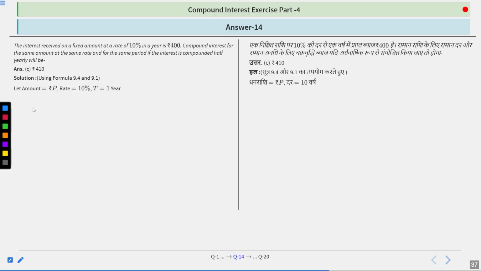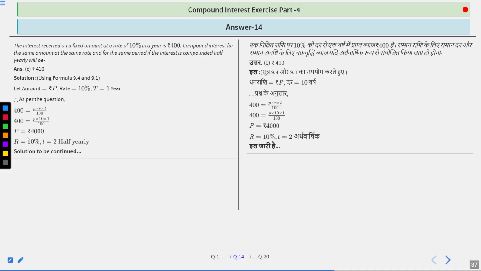So let amount be rupees P, rate was 10%, time was 1 year. Therefore, as per the question, 400 is equal to P into R into T upon 100. Therefore, 400 is equal to P into 10 into 1 year upon 100. P is going to be equal to rupees 4,000.